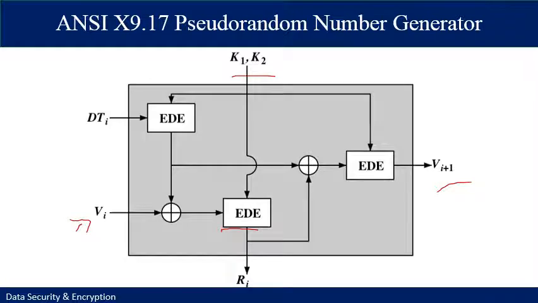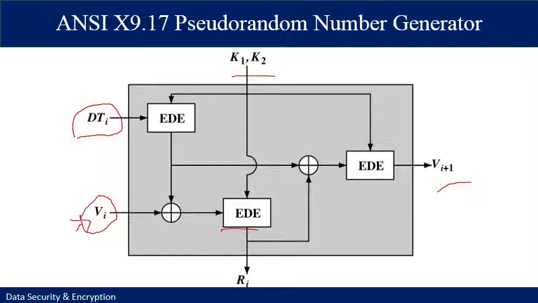The first quantity we refer to here is the date and time at the ith generation stage. At the beginning it can be a starting date and time. The next, V of i, is the seed value at any generation stage.